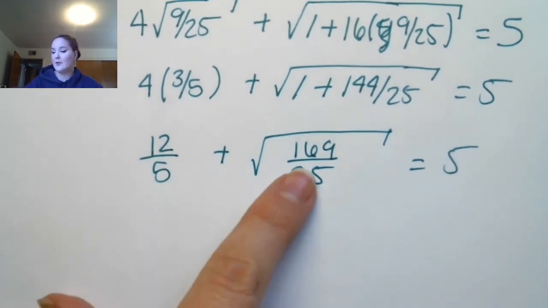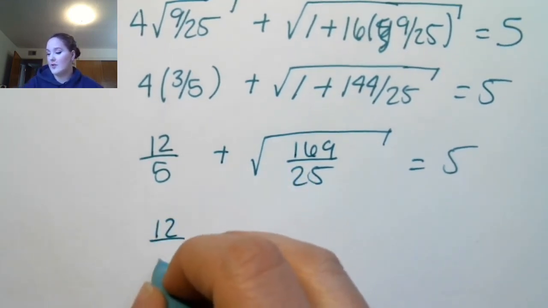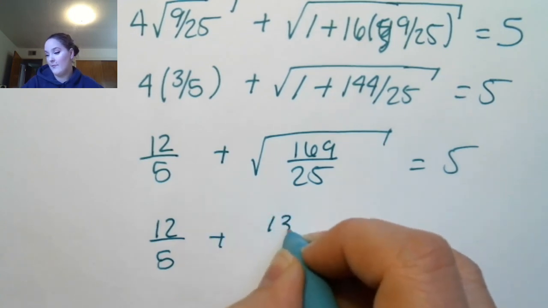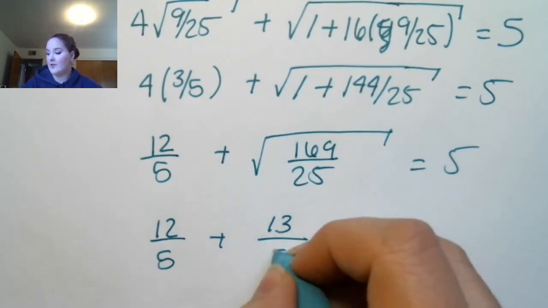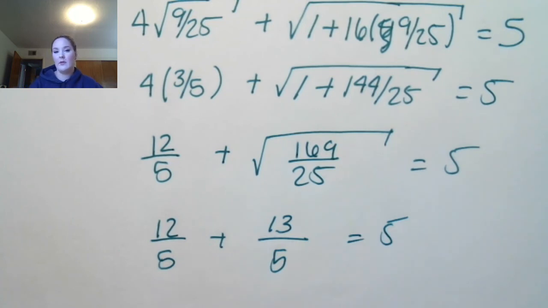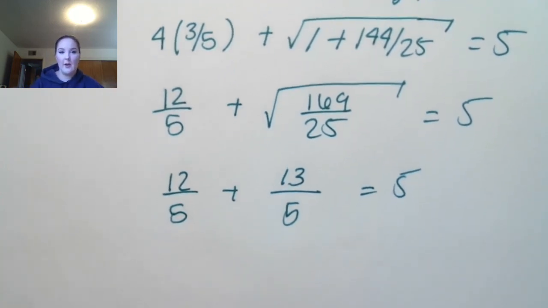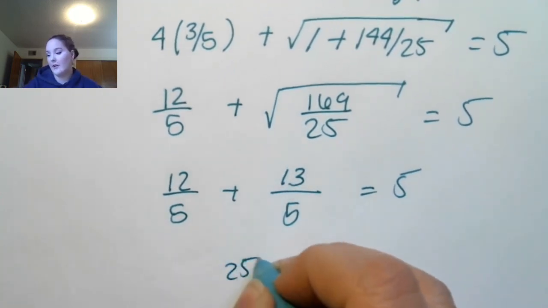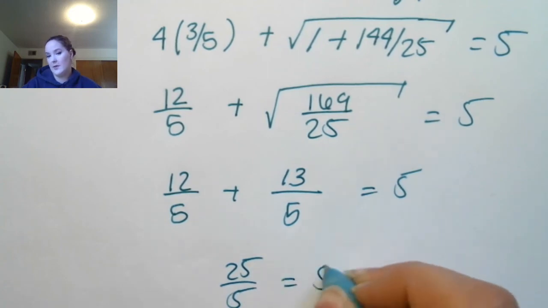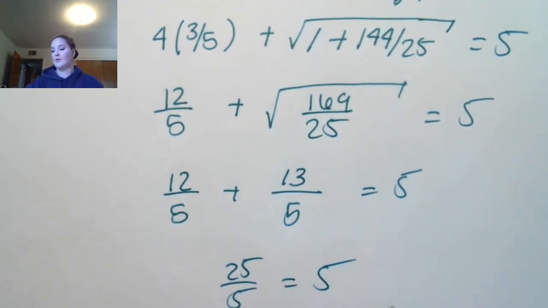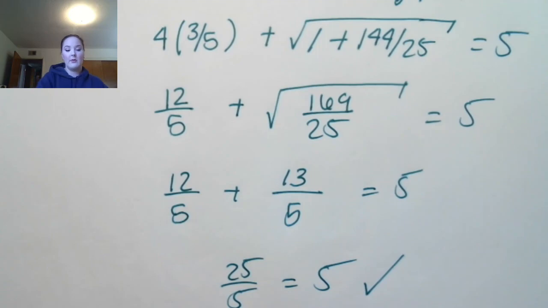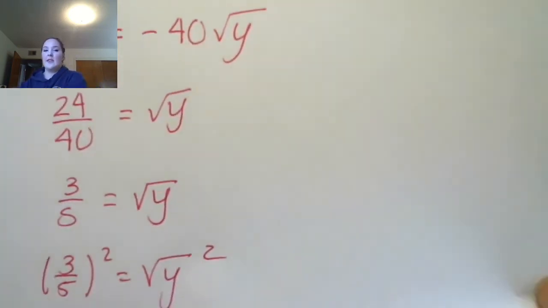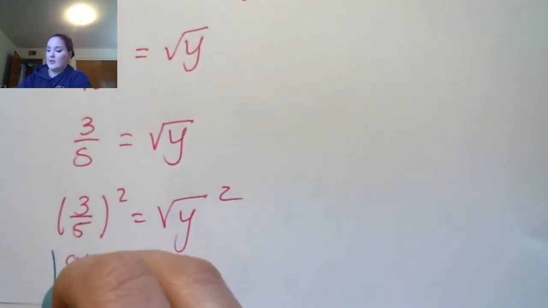Okay, now square root of 169 is 13. Square root of 25 is 5. Okay, now these even have common denominators. We can just add them together. 25 over 5 equals 5. Well, that's true. Okay, so that means that this is really a solution to this equation.